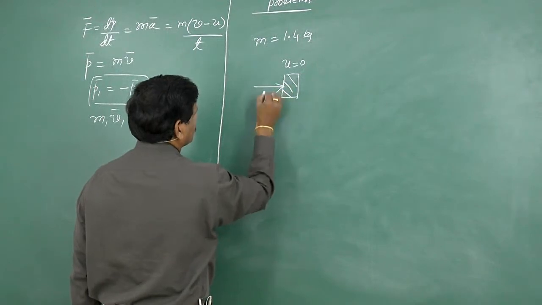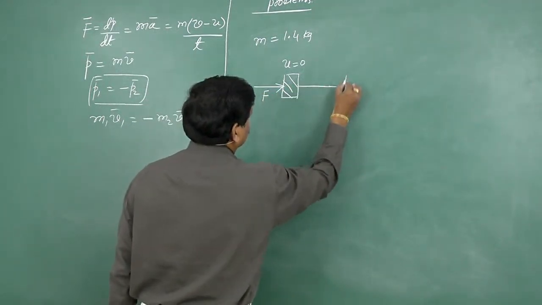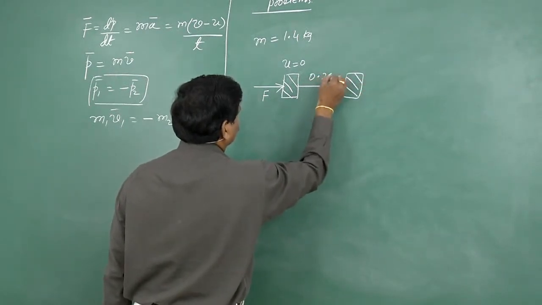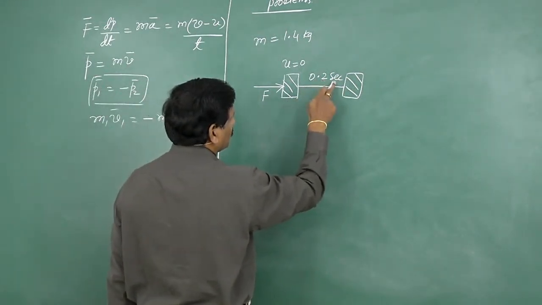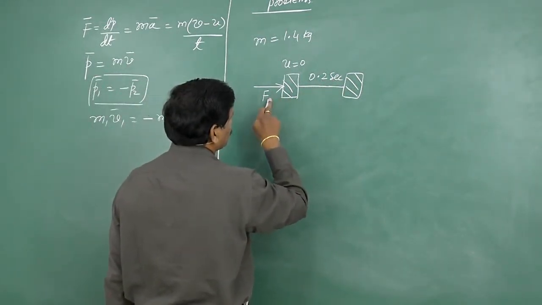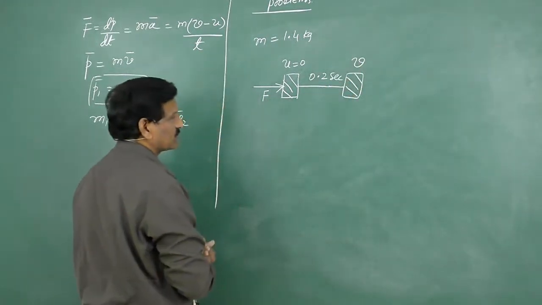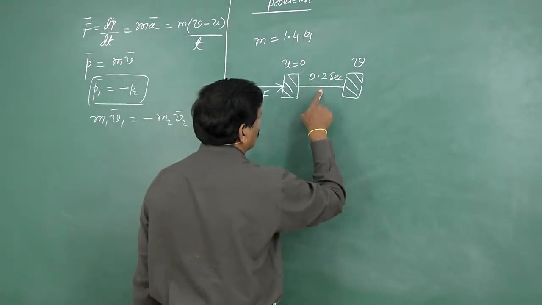So a force F is acting on the body, and this force acts for 0.2 second. Because of this force, the body acquires a velocity v, say, in this time.